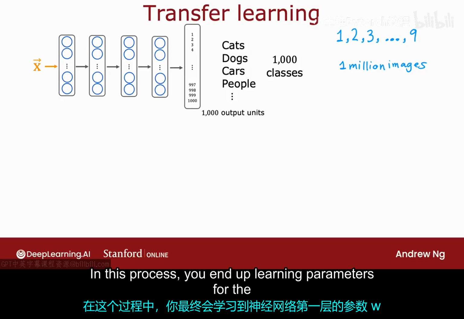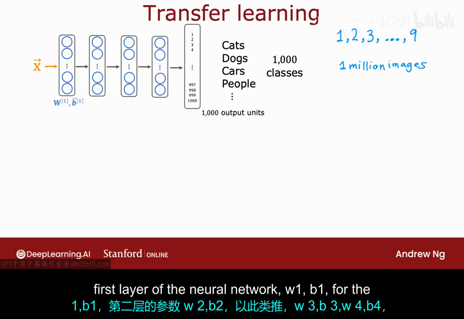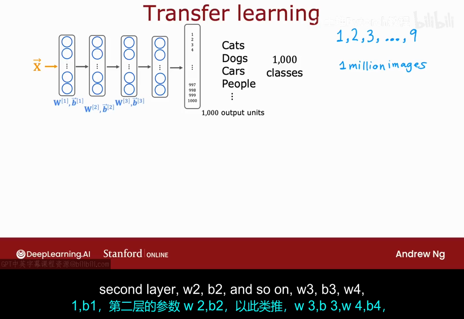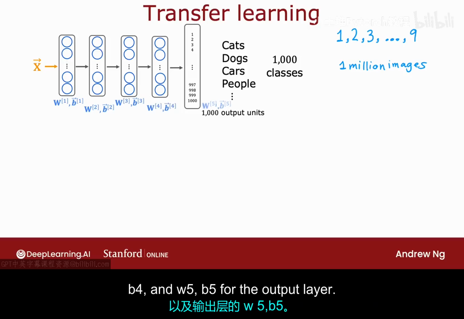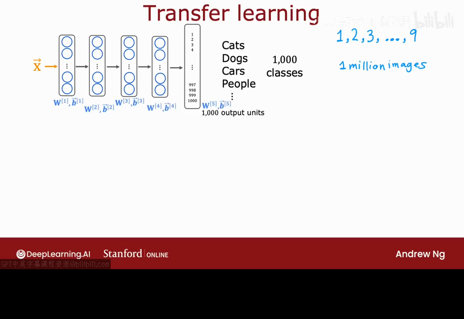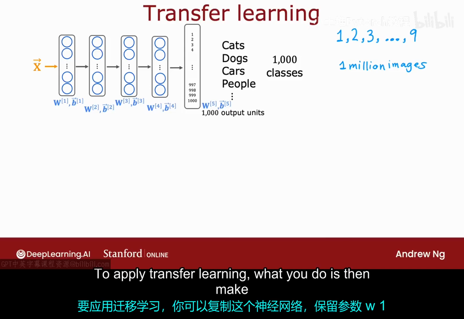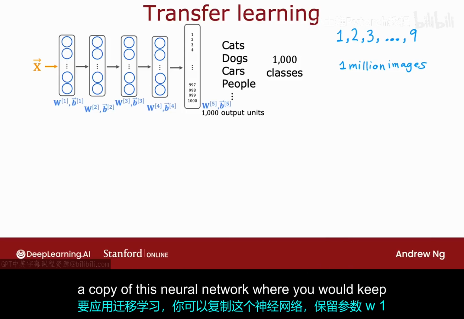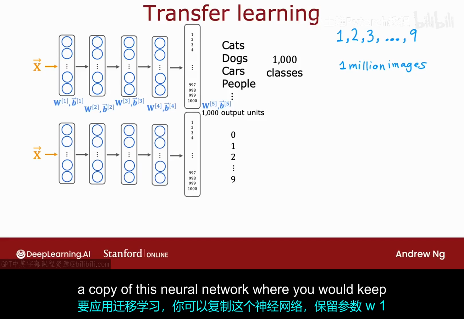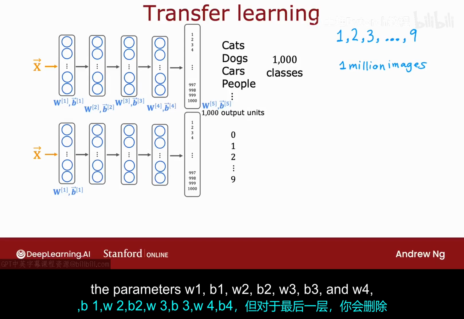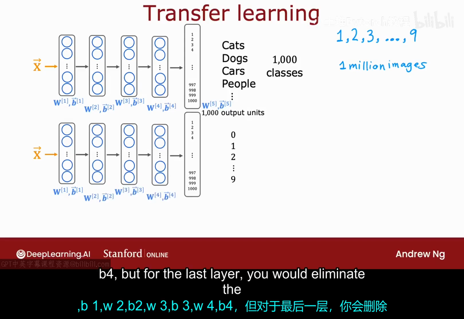In this process, you end up learning parameters for the first layer of the neural network, W1, B1, for the second layer, W2, B2, and so on, W3, B3, W4, B4, and W5, B5 for the output layer. To apply transfer learning, what you do is then make a copy of this neural network where you would keep the parameters W1, B1, W2, B2, W3, B3, and W4, B4.